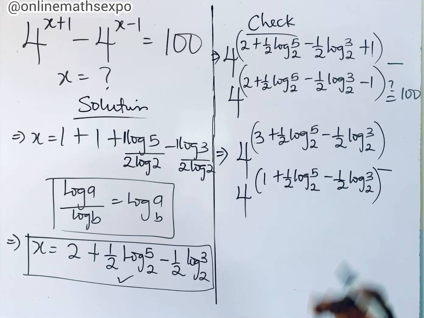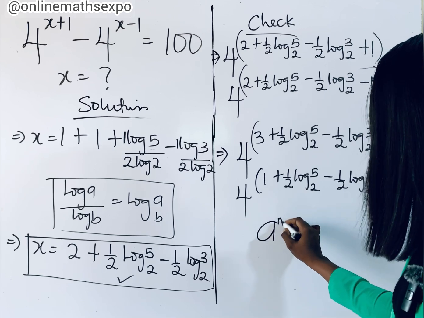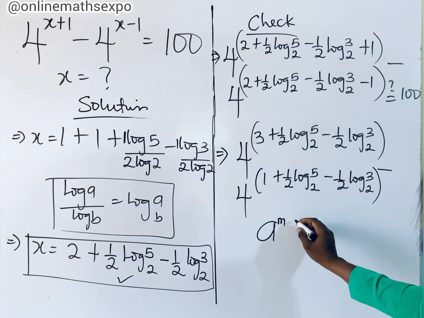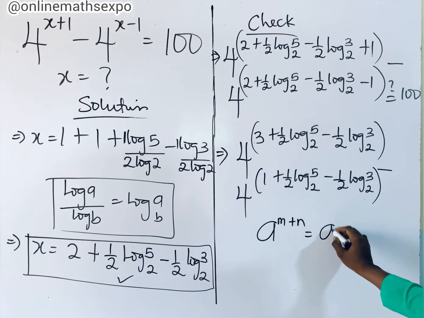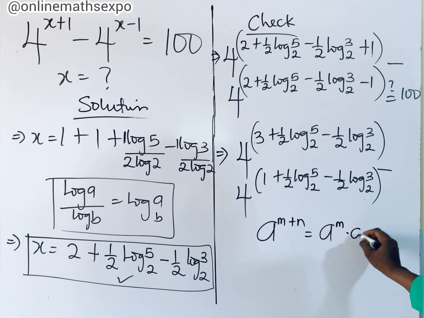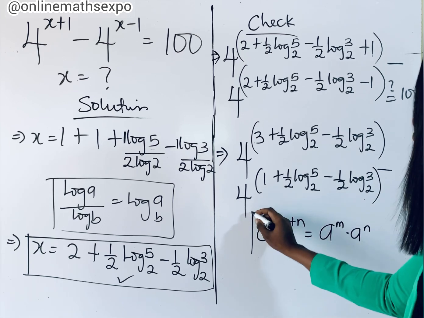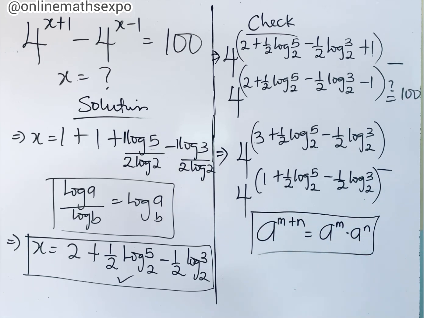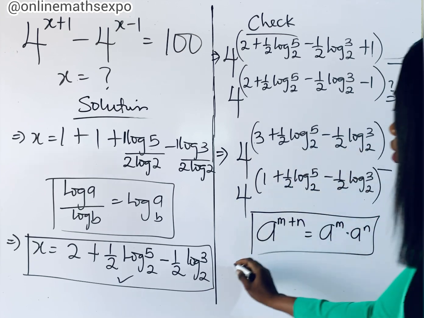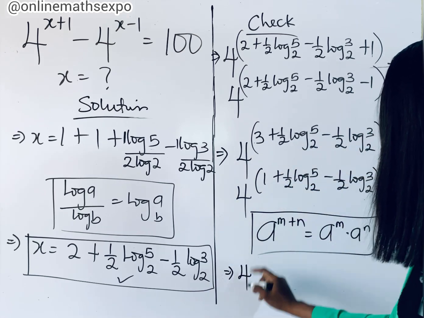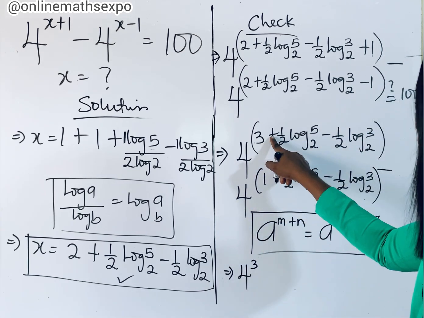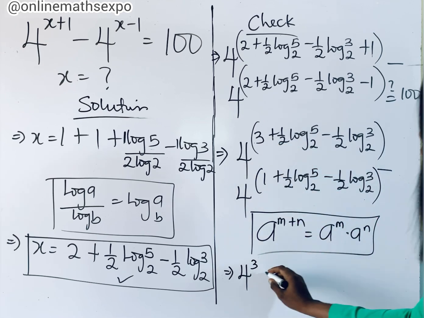So what do you do? Remember that a to the power of m plus n is equal to a to the power of m multiplied by a to the power of n. So let's use this to split the power. If we do that here, we now have 4 to the power of 3. This addition sign will turn to multiplication.